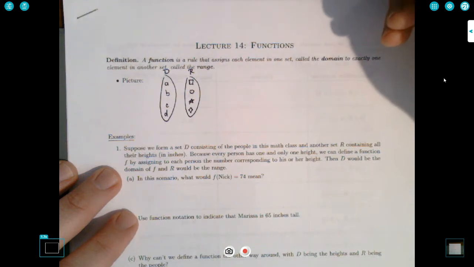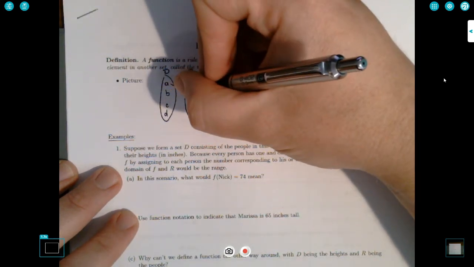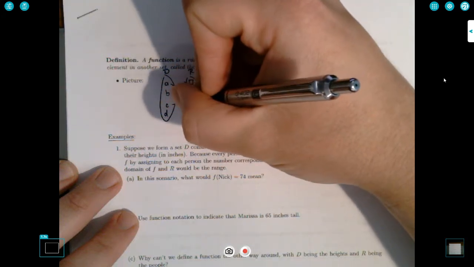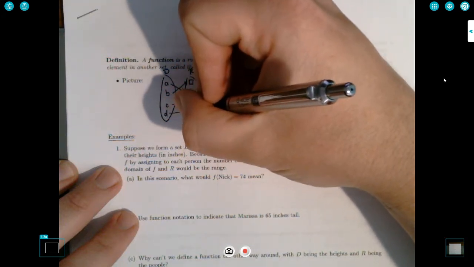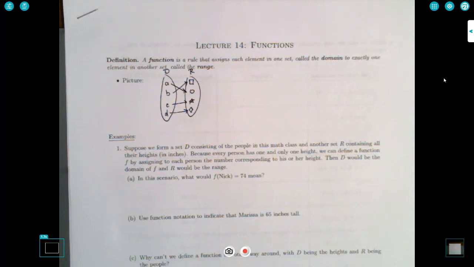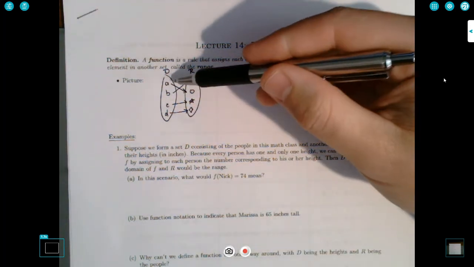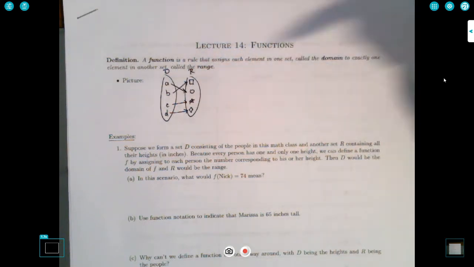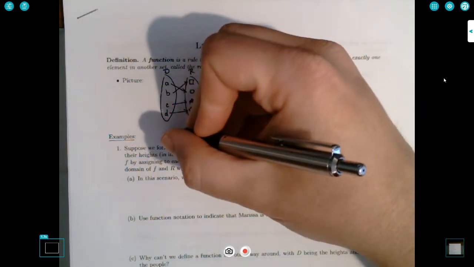And maybe your function maps A to the circle, B to the square, C to the star, and D to the diamond, right? That's a function, because each domain element is getting mapped somewhere, and it's only getting mapped to one place, right? So this is a function.